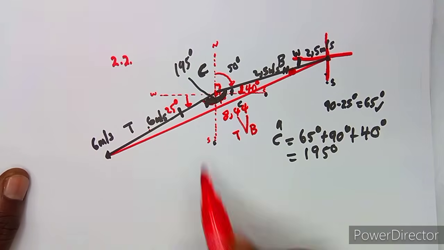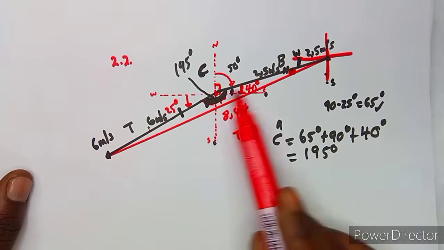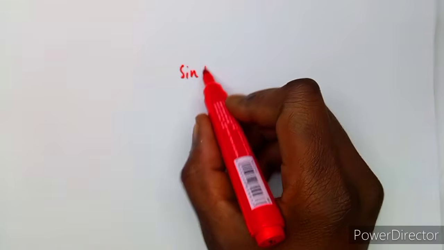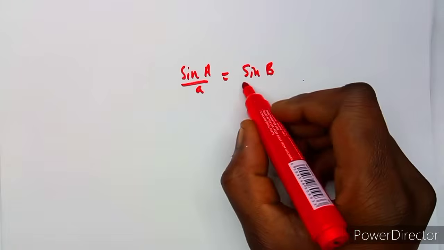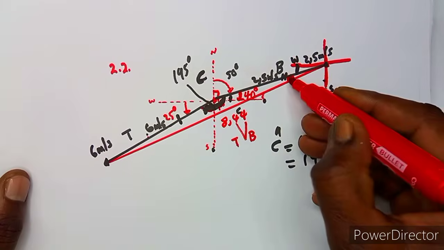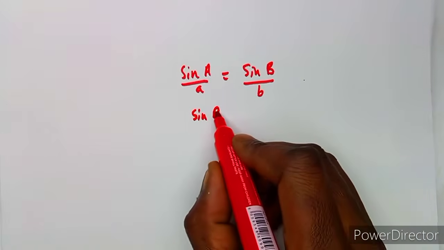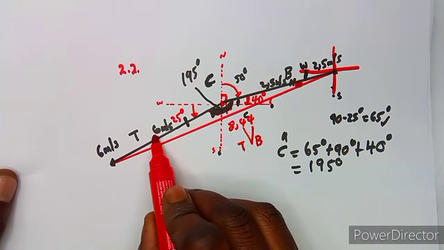So from your trigonometry in mathematics N3, you worked with a non-right angle triangle where you had a concept of sine A over A, which is equal to sine B over B, like that. So you can actually use that concept since you want to calculate this angle at B. So it's going to be sine B over the corresponding side, which is this one, 6.